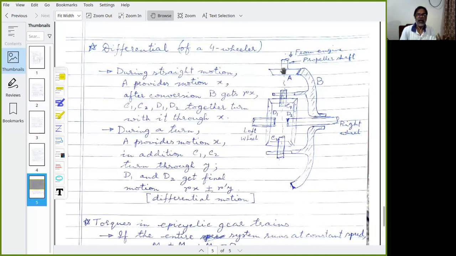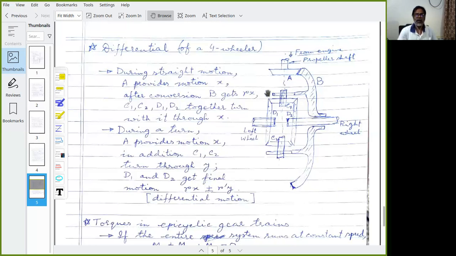So apart from the x motion that B is getting, D1 and D2 are getting equal and opposite motions in the two opposite directions along the same axis, one forward and one backward. And the forward motion from B is anyway coming, because at the time of spinning, C1, C2 do not stop turning with the ground wheel.